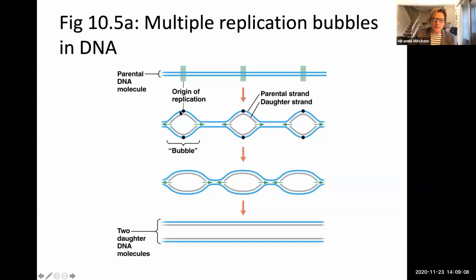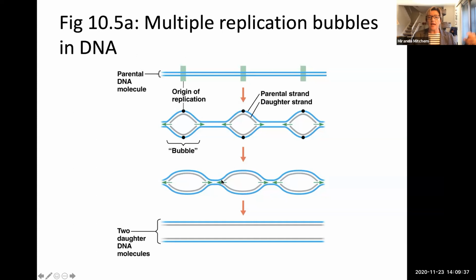So what happens is the origins of replication are where the replication bubbles are. The strand has separated. Those hydrogen bonds holding together the 2 strands of parental DNA have come apart, and we are synthesizing the daughter DNA, moving in both directions away from the origins of replication.